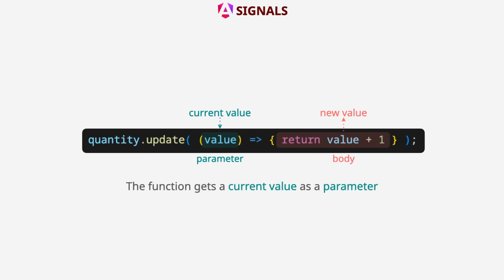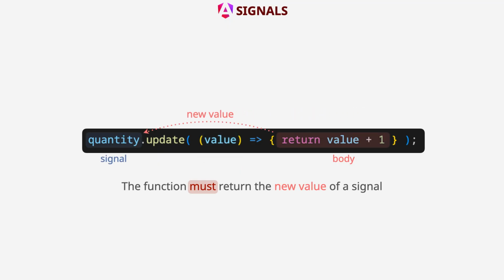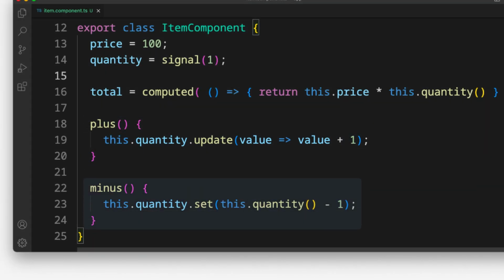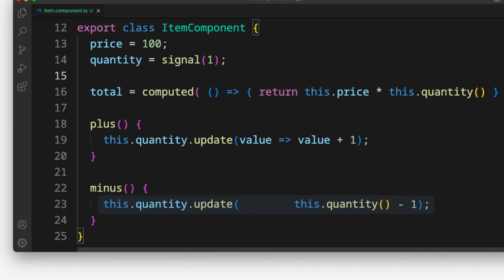The function gets a current value as a parameter and can use it in the body. The function must return the new value of a signal. Let's update the minus method.